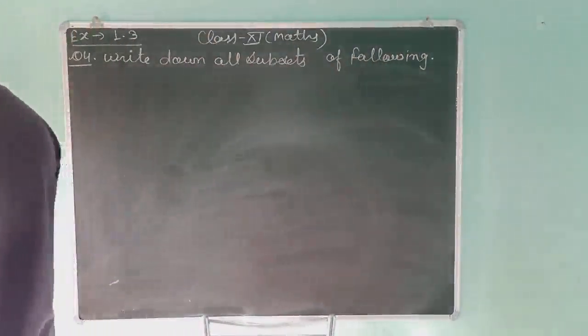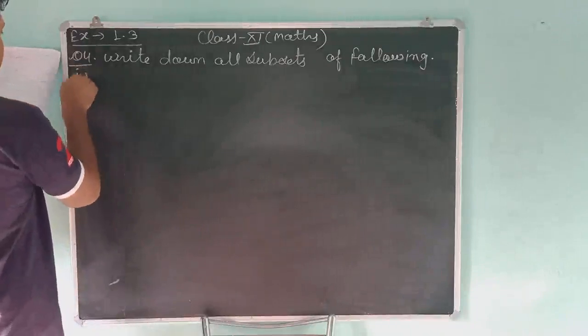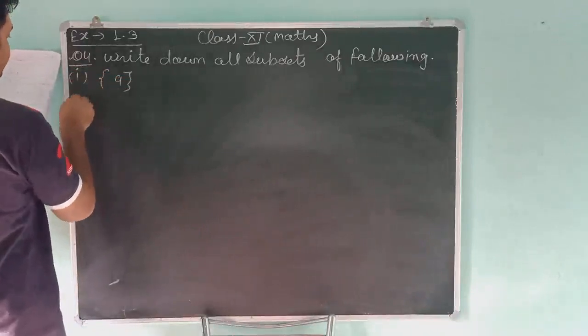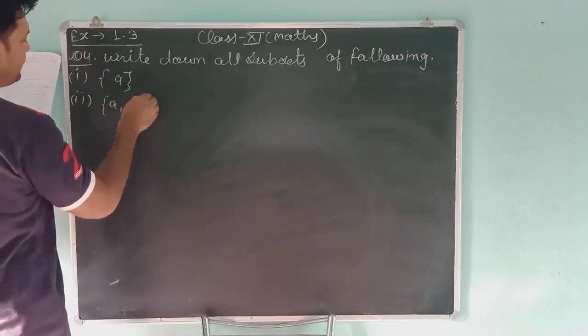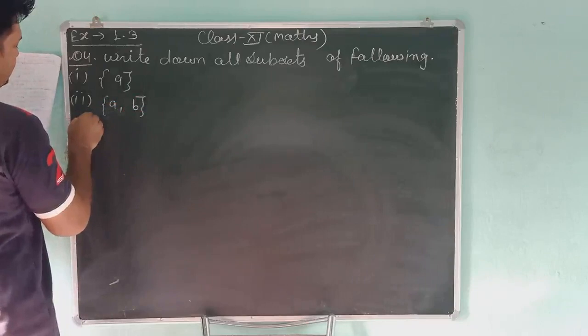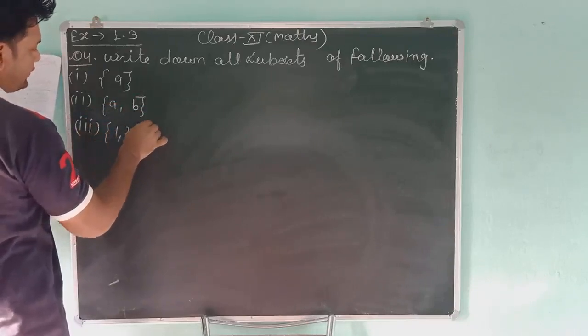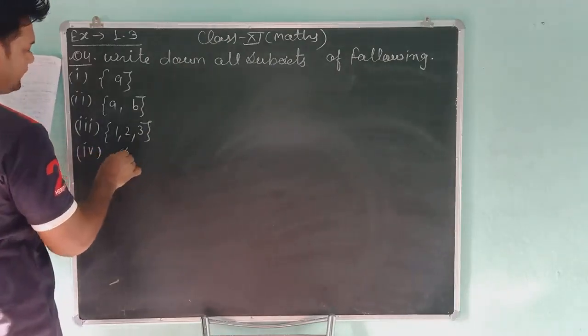So students, in this question we have to find out all subsets. The first set given is A, the second is AB, the third set is given as 1, 2 and 3, and the fourth set is given as phi.